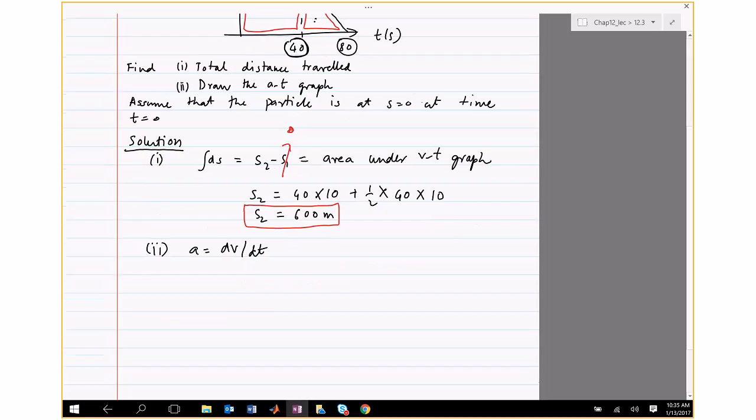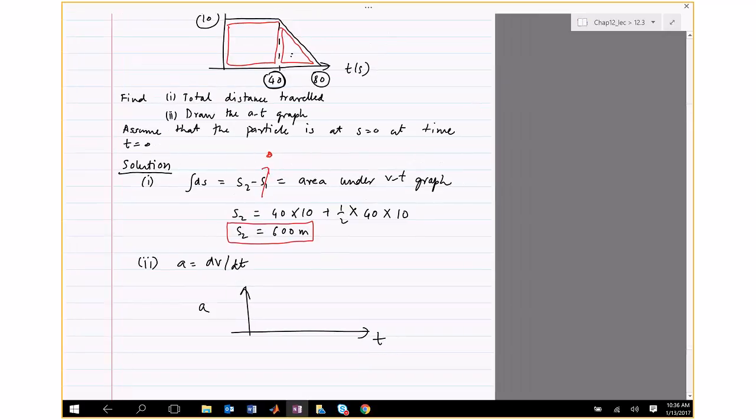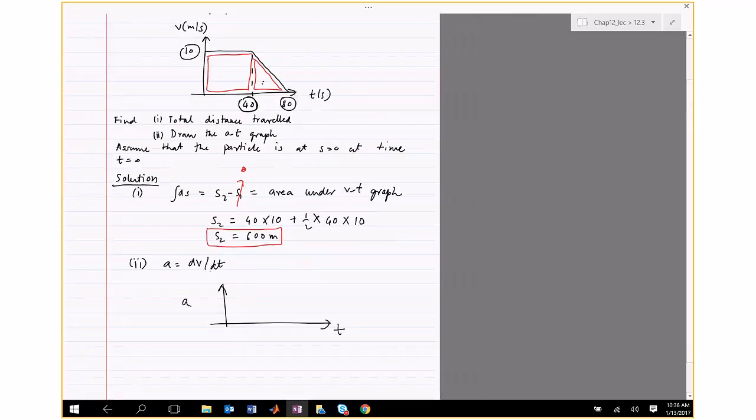So what I'm going to do is first draw the x and y axis for the acceleration, and then look at the formula dv/dt and try to see how I can find dv/dt from the top plot, this plot.